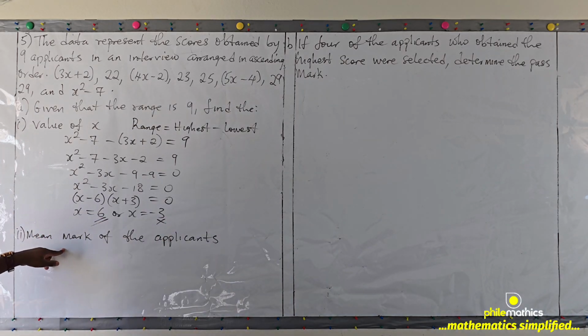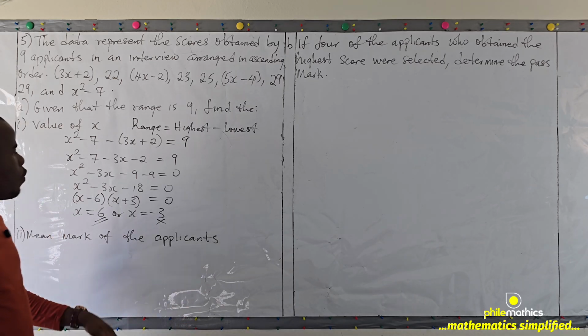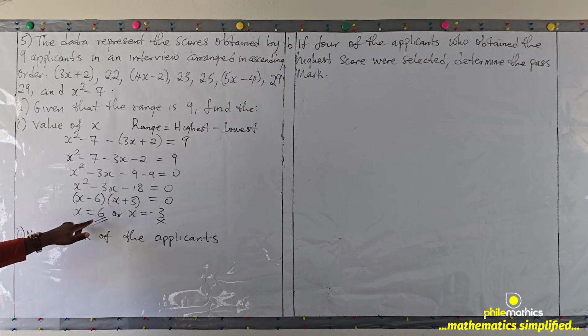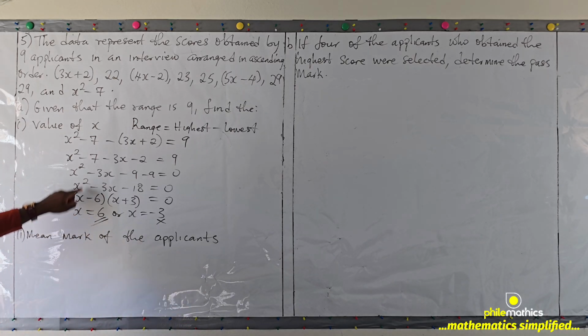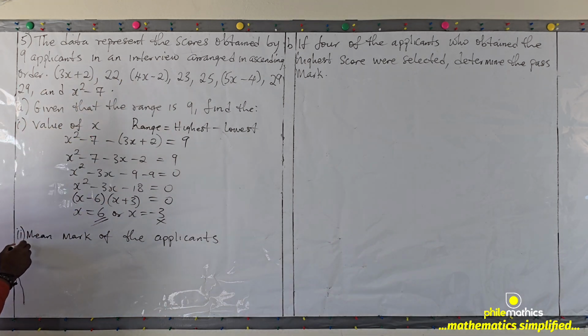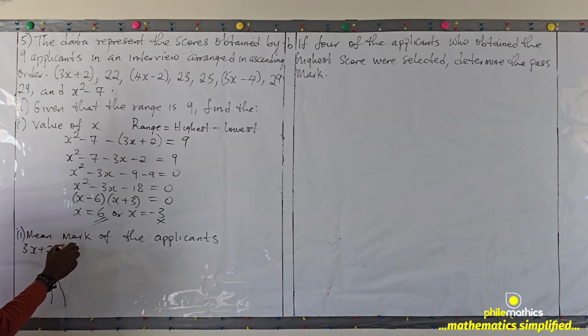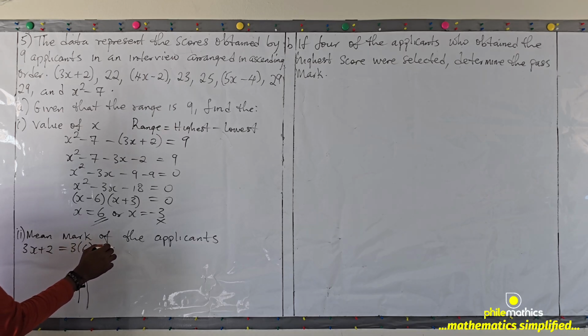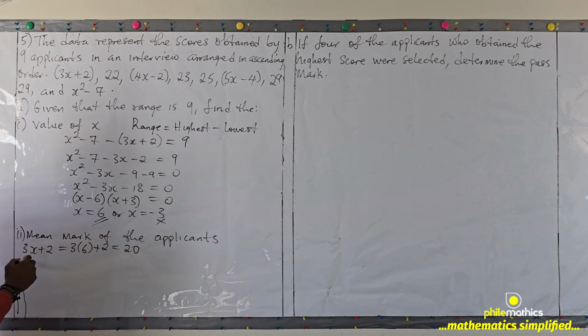Next we are asked to find the mean mark of the applicants. For us to find the mean mark, we have to substitute x for all these. So for 3x plus 2, it equals 3 times 6 plus 2, and this gives us 18, this gives us 20.